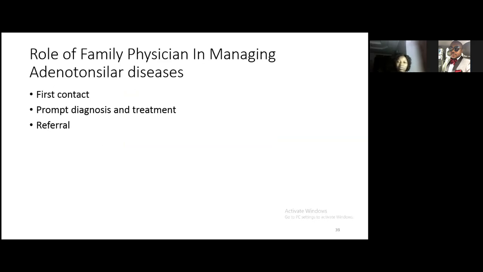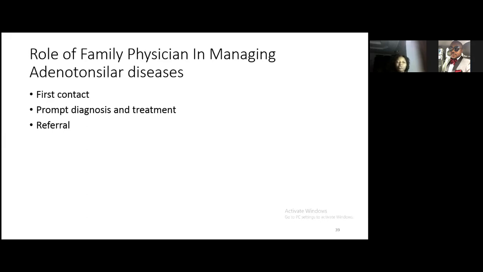They got statistics that family physicians are 50% of the primary contacts of the patient, 25% internal physicians, and 25% ENT surgeons. So the family physician is usually the first person to have contact with the patient, and prompt diagnosis and treatment is very key.